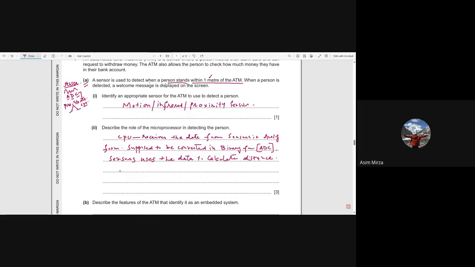So how does this happen? Definitely it compares the value with the stored value. If it is less than 1 meter, then what happens? The person is detected, and the message displays on the screen. Clear?